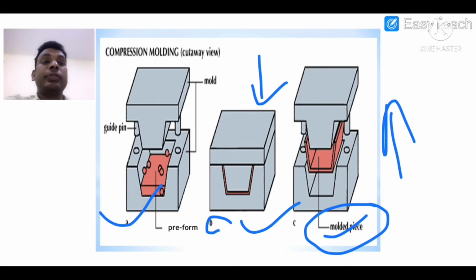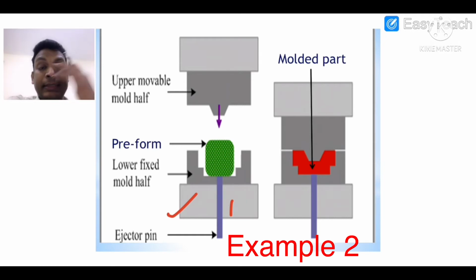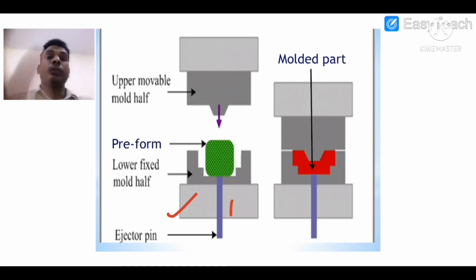So there is one more picture for your clarification. Preform means, after weighing and mixing, we prepare a piece for putting in the mold cavities. That is called a preform strip.